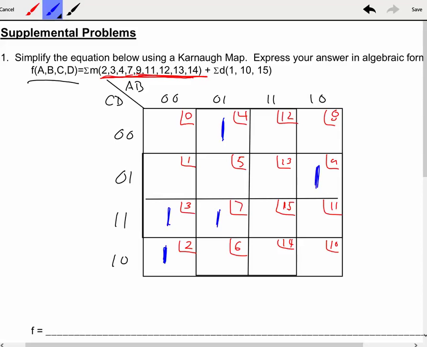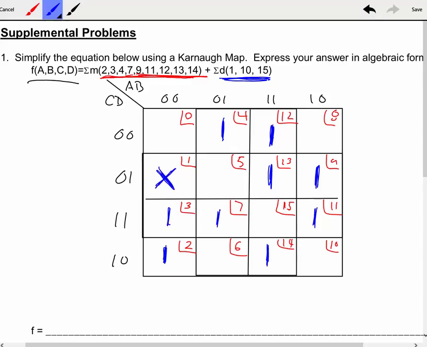Right there, number 9, and then the number 11, 12, 13, and 14. These right here are the don't cares, which means it doesn't matter if the circuit gives you a 1 or 0 for the output. So for that, we'll put an X for don't care. Make that a little bit neater. X for the don't care.